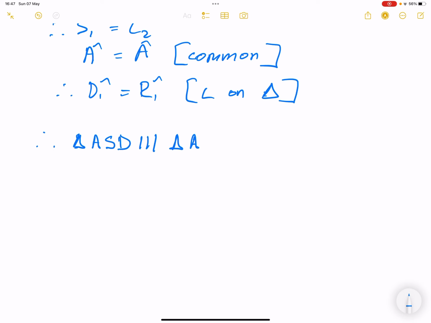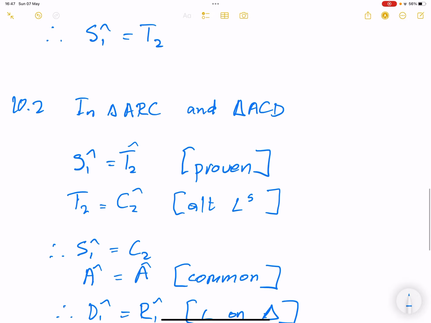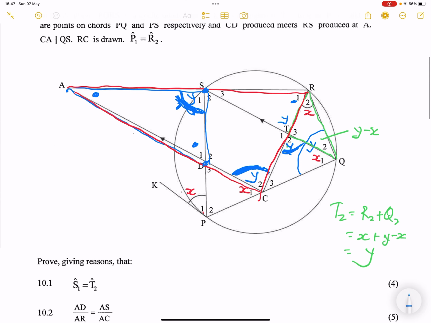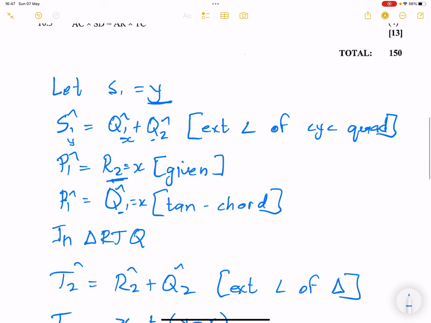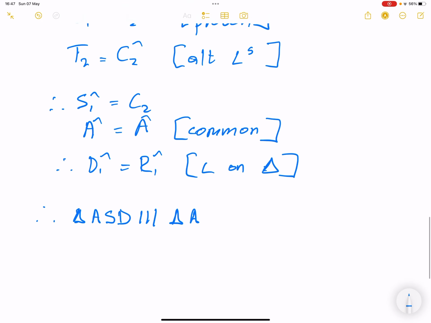Because those are the two angles that are equal. And then AS in this case would be AC, right? Remember, angle S is equal to angle C, so that will be ACR. Okay, so that will be ACR.